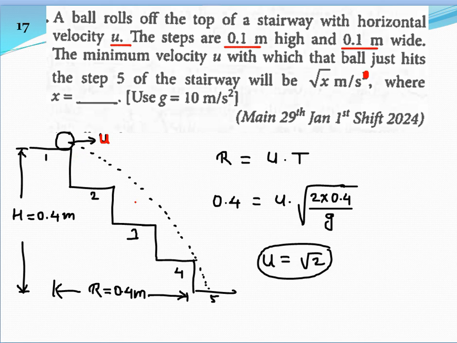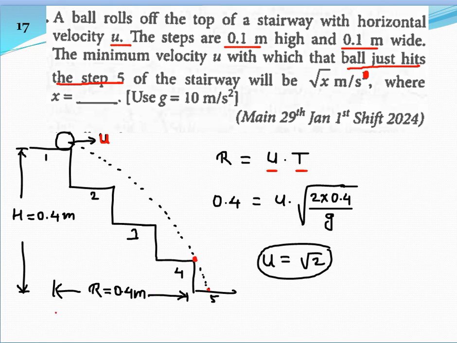So range covered is velocity in x into time of flight. So just if you see, the ball just hits the step 5. Just hitting the step 5 means what?